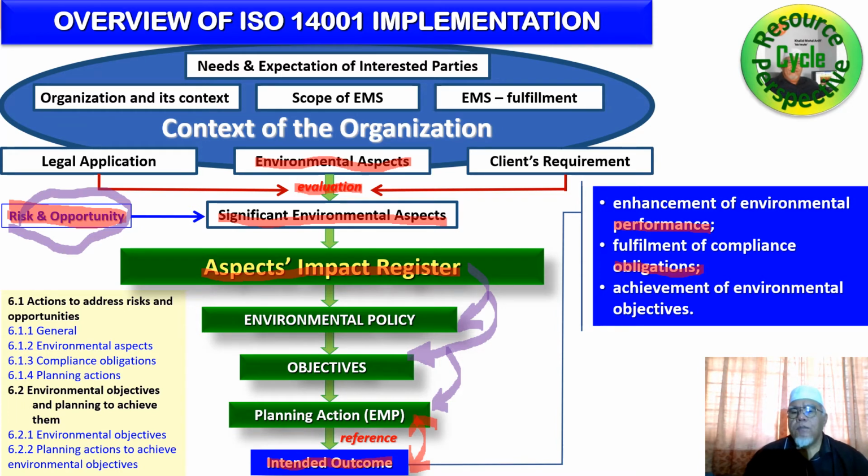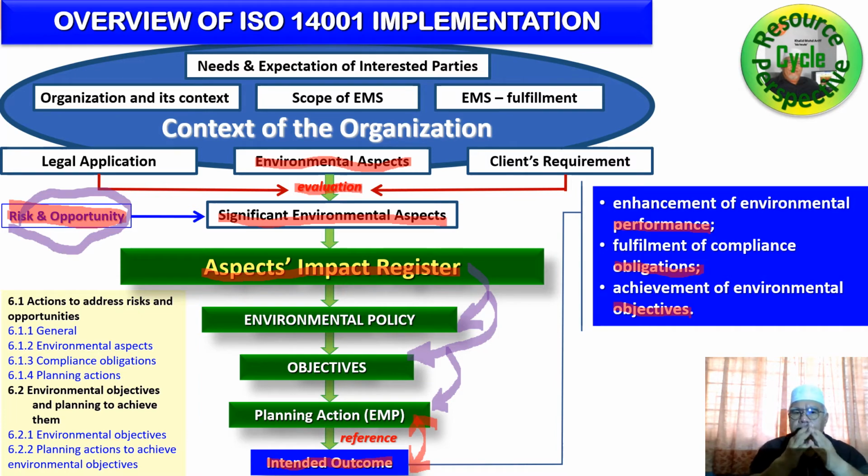You need to display that your objective has the mindset of having improvement. And on top of that, we got to achieve all the objectives. So it's all in one. One is complementing another, all these three items. So don't worry about it. You are here: significant environmental aspect. You are identifying.